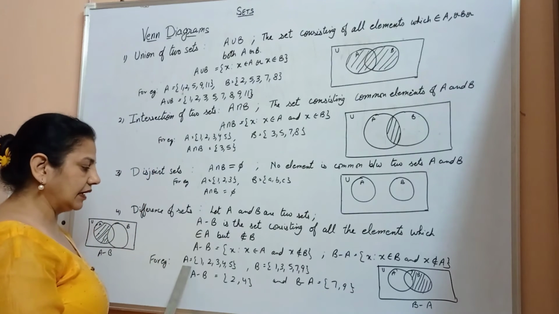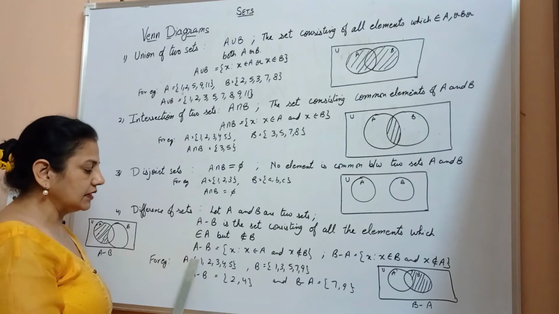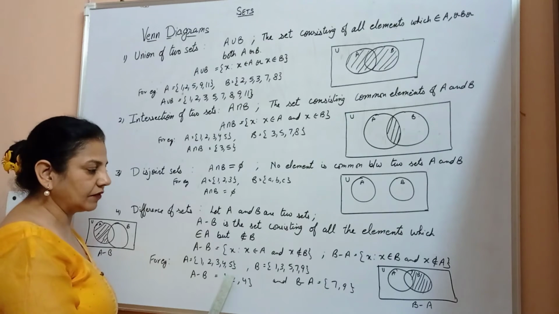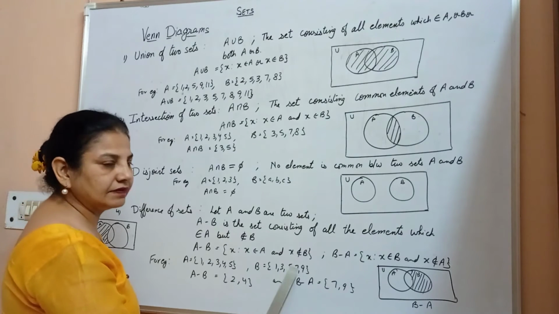For example, we have a set A as 1, 2, 3, 4, 5 and set B has 1, 3, 5, 7, 9.